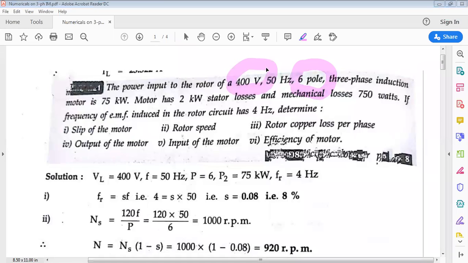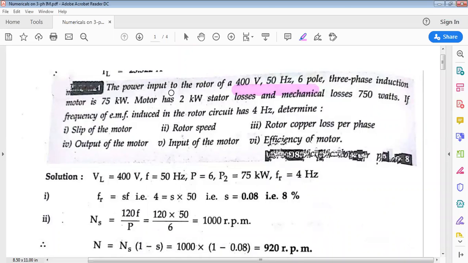In a slip ring induction motor, the rotor is also wound for the same number of poles, and in a squirrel cage rotor it automatically adjusts itself for 6 poles. So what is the conclusion? For a three-phase induction motor, the number of poles on stator and rotor are the same. But whatever is given in the specification, they mention it for the stator.